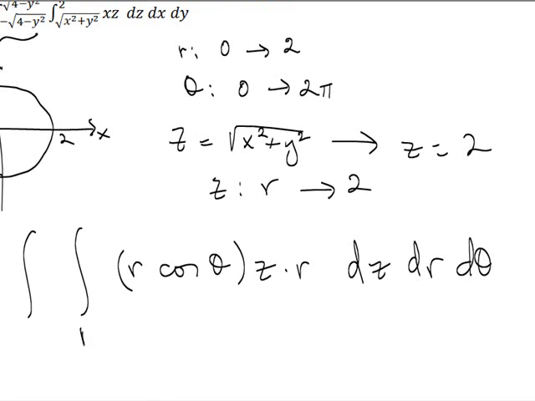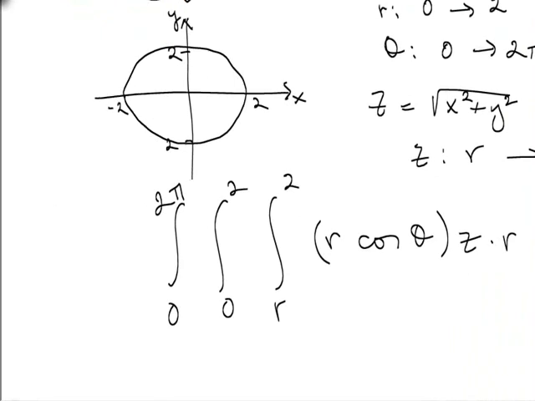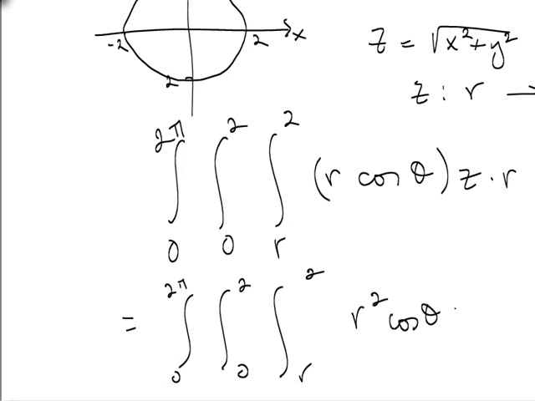And so your limits go from r to 2, dr 0 to 2, d theta 0 to 2 pi. Okay, and you can simplify this to 0 to 2 pi, 0 to 2, r to 2, r squared z cosine theta dz, dr, d theta. So that's the first one we have just converted, okay?